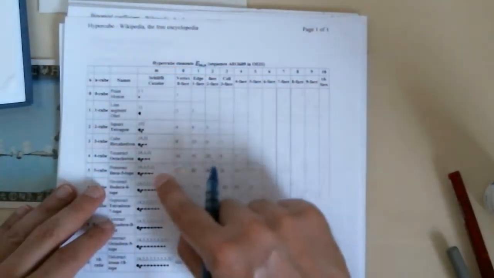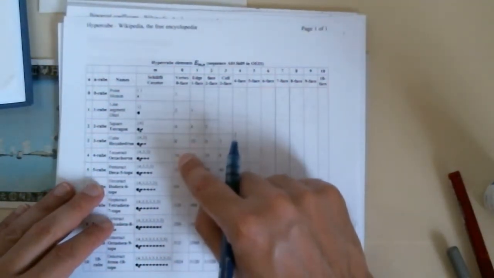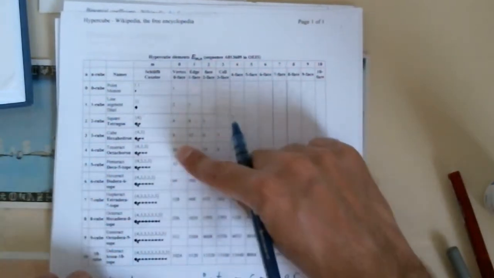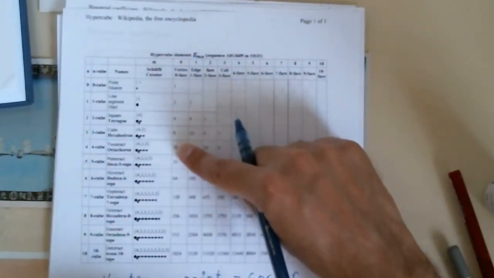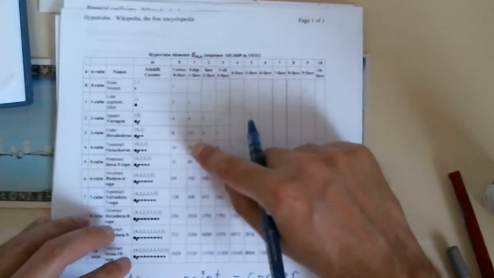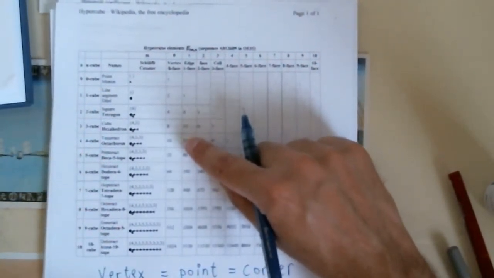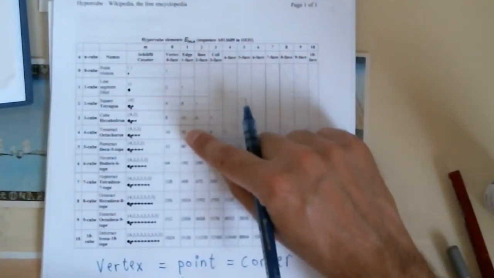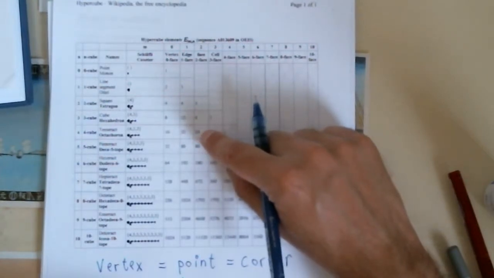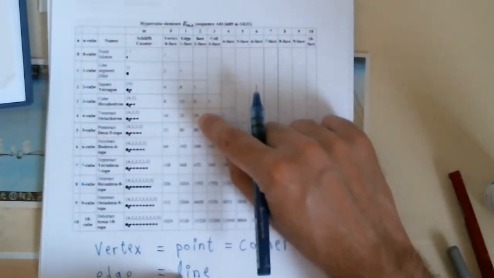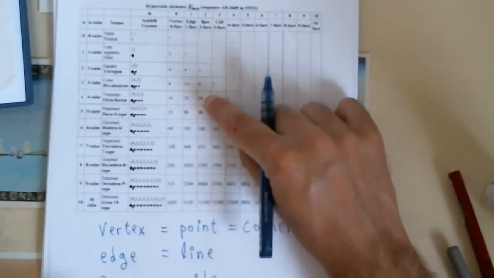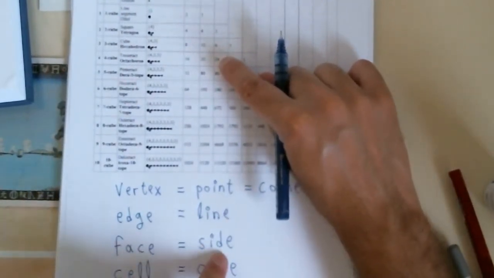It has 16 vertices, 16 points or 16 corners, 32 edges, 32 lines, 24 two-faces, 24 normal faces or sides.